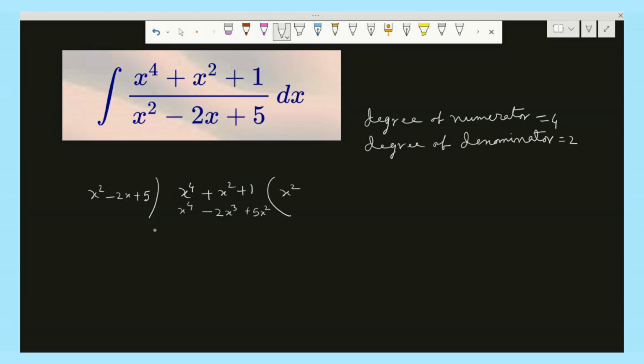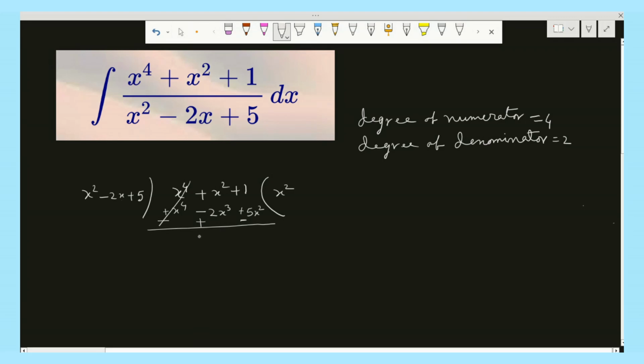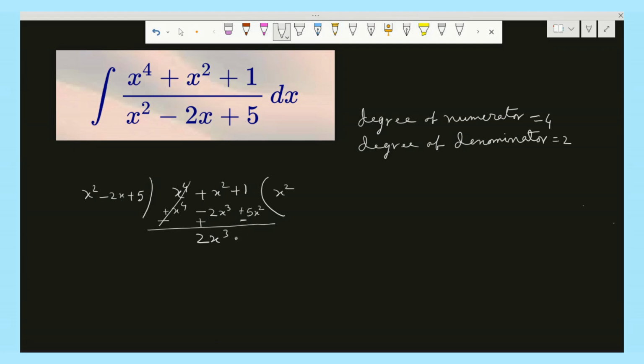Now as per the rule, first write the x cube term. Writing 2x cube plus x square minus 5x square, that is minus 4x square, plus 1. To cancel 2x cube, I should write plus 2x.